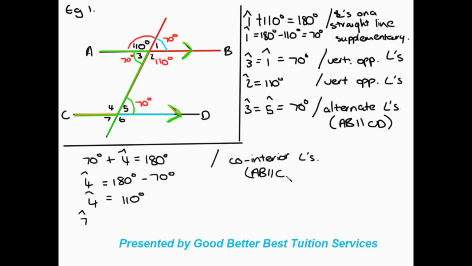So AB is parallel to CD. Cool. So now moving back onto angle number 7, we can see that we're dealing with angles that are underneath, right? Angles that are underneath the parallel lines. So angle 3 and angle 7 will be equal. Correct? So angle 7 is equal to 70 degrees. And our reason is going to be corresponding angles.